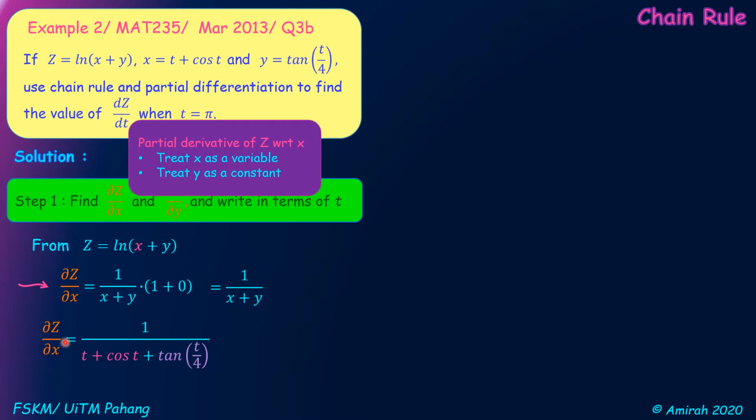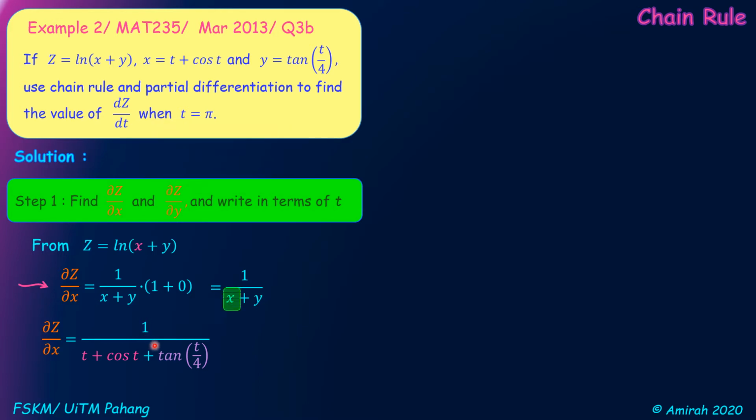Then we can write ∂z/∂x in terms of t. So we have 1 over, we replace x equals t + cos t, so we get this, and we replace y equals tan(t/4). So we get this.